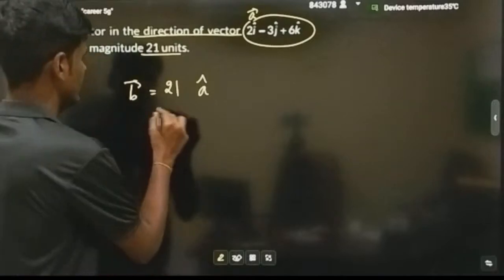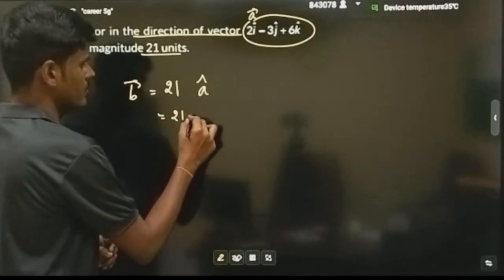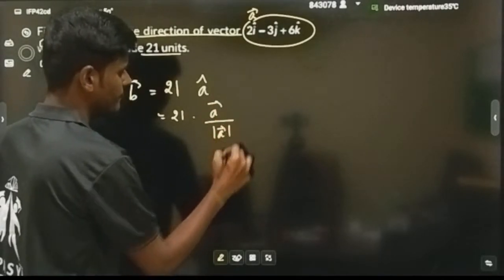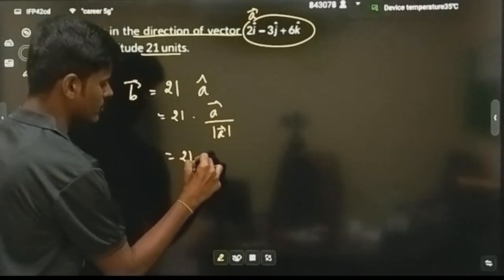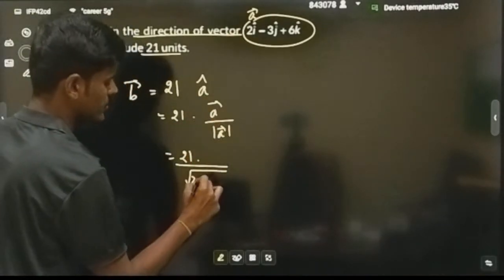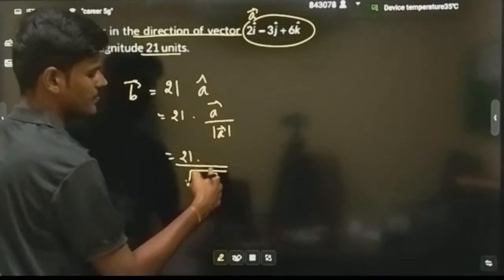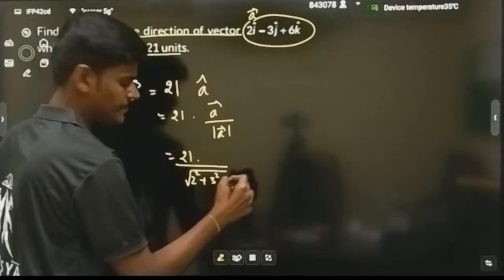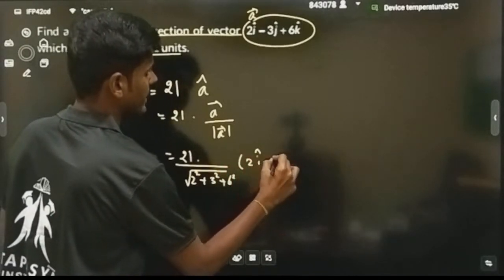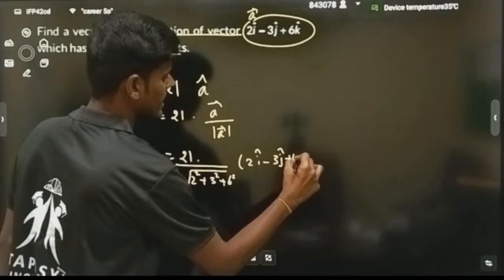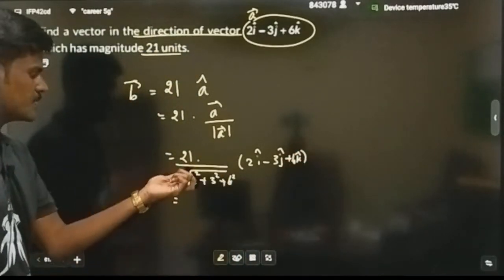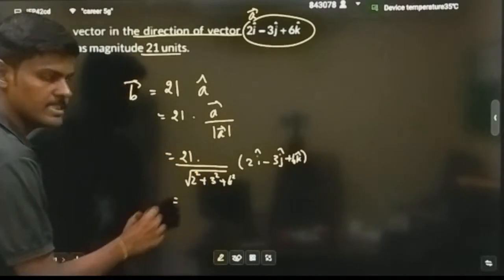Yes or no? This is given by 21 into A cap, which is nothing but A vector divided by modulus of A vector. What is modulus A vector? It is 2 square plus minus 3 square plus 6 square, into 2i cap minus 3j cap plus 6k cap. Now what is the answer for this? This is 9 plus 36 plus 4, which is 49. Root 49 is 7.